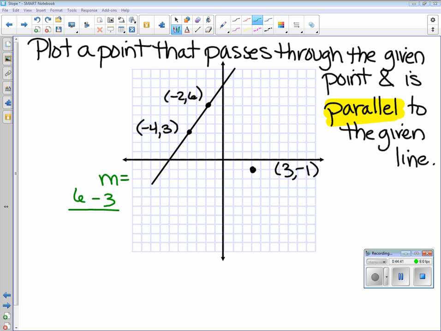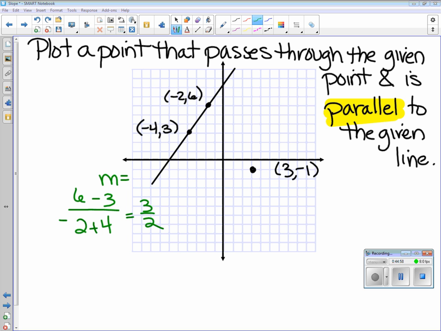Just tell me the numbers I write. Don't try to solve it. 6 minus 3 over what minus what? Very good. And I'm going to make it a plus 4 because when you subtract the negative, it becomes positive. When I reduce this, I get 3 over 2, right?